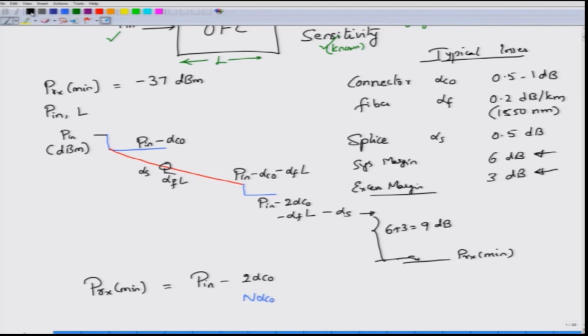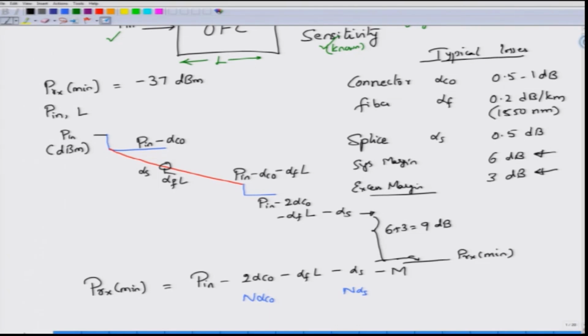If you have 2 connectors, it is 2 alpha C0, minus alpha F into L, which is the fiber losses, minus alpha S. Replace this minus alpha S by n into alpha S if you have n number of splices, minus margin, which I am calling M. This should be equal to the received optical power.